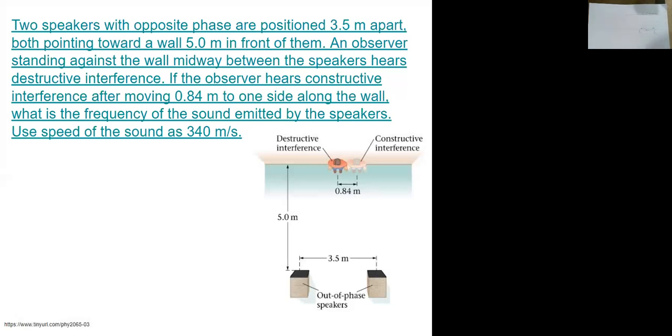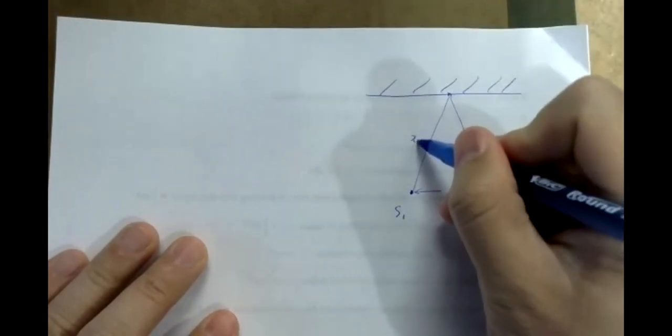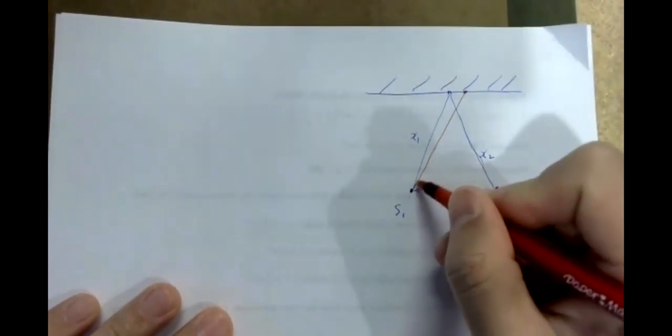I can stop sharing now so you can see better. Originally he's here. So this is X1, this will be X2. Now, if he moves about 0.84 meters to one side over here, the wave coming out of S1 will be propagating along this path, and the wave coming out of S2 will be propagating along this path over here.